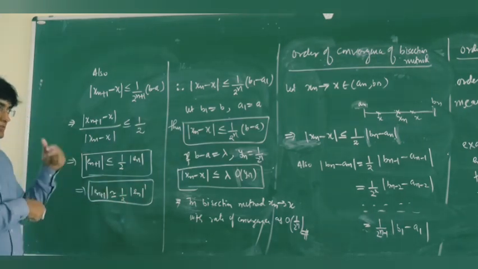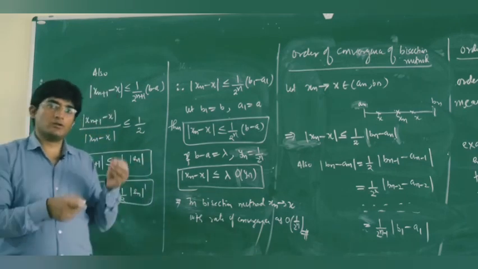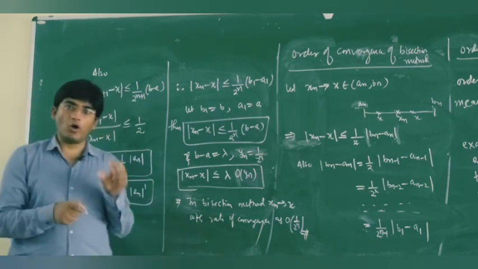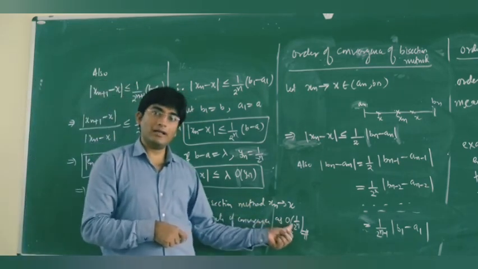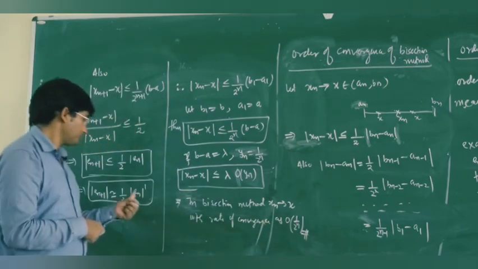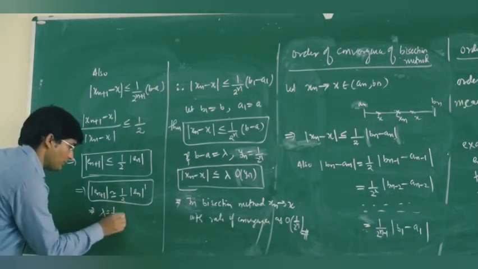And that is why earlier I was saying that in case of linear convergence the rate of convergence will be order lambda power n. So here you can see that this is your order lambda power n, where lambda is half. So this implies that lambda equals half and p equals 1.